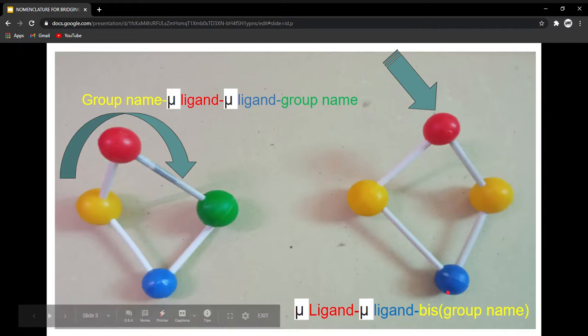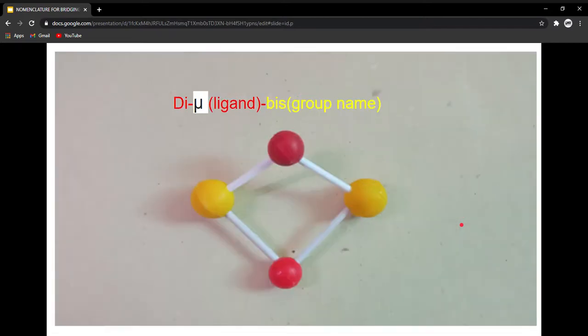Alphabetically, which comes first? A comes first, everyone knows. So I should give the name of the amido first. Mu amido, mu hydroxo. Then the name of the groups. Since they are identical, what prefix should I use there? Bis.